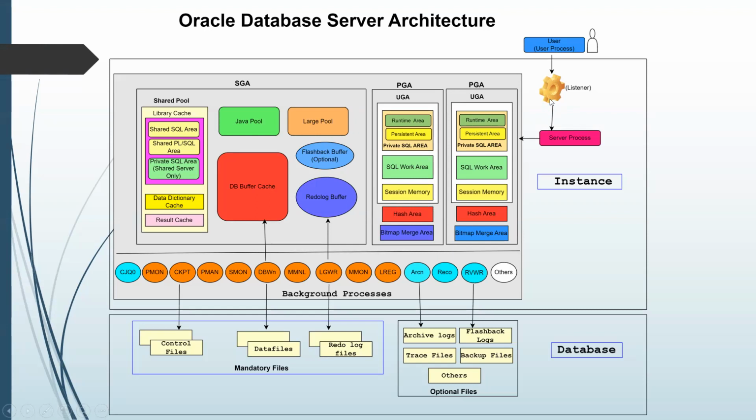In that case, the listener process will create something called a dedicated server process for that user. So if the user gets authenticated successfully, a server process gets created on the server, and it's a dedicated server process.